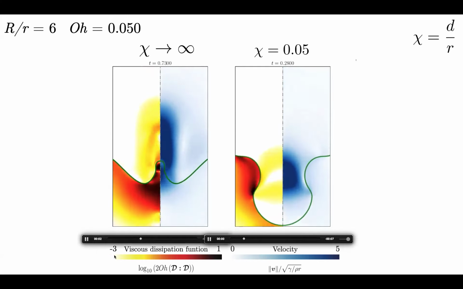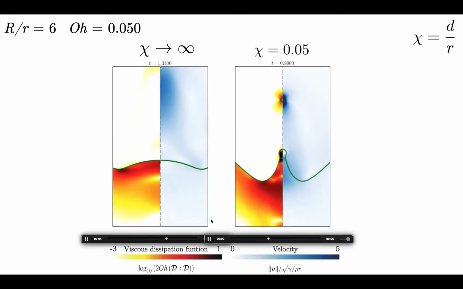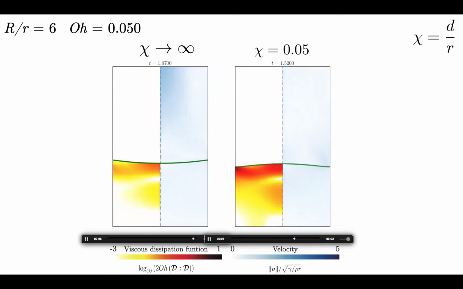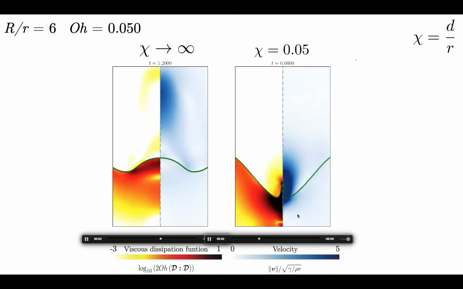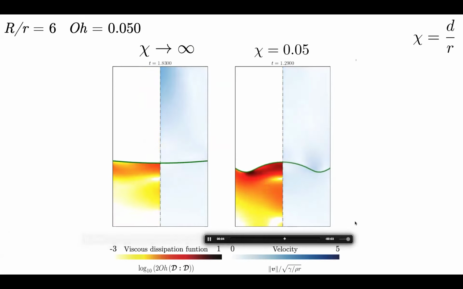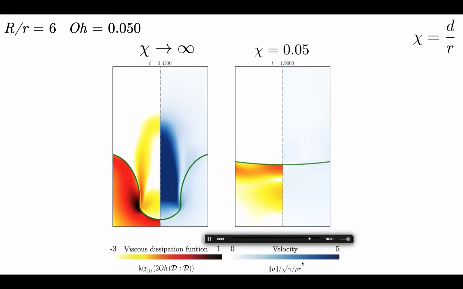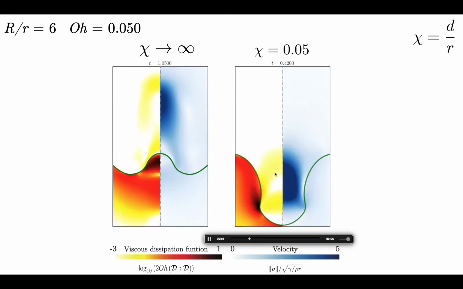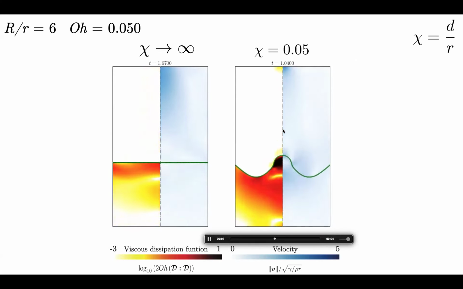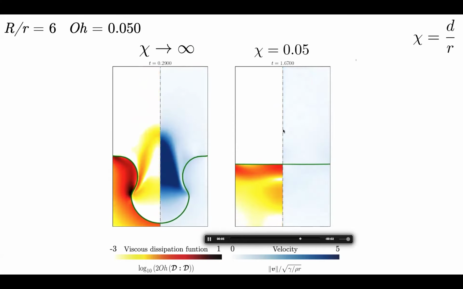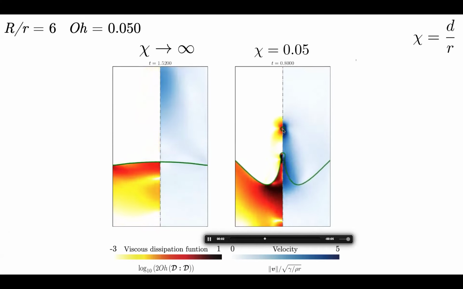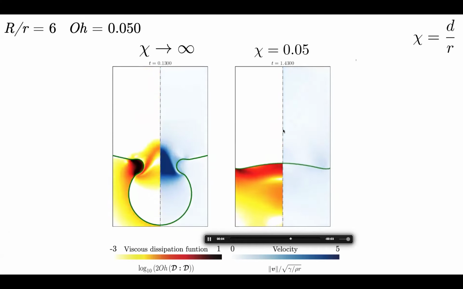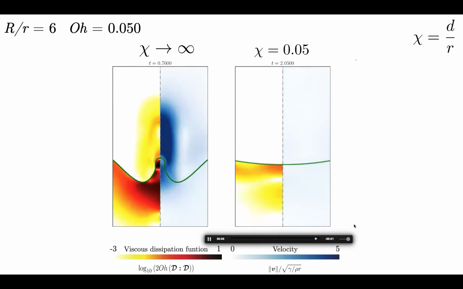And in one case where there is no wall, the liquid below simply goes away over here, because it is unbounded. Whereas in the second case, because of momentum conservation, the liquid cannot go down, so it comes back and it feeds into this jet. So it's an inertial process, and that's why the Ohnesorge number, instead of decreasing, which you would have expected because of viscous dissipation, increases as there is a wall over here.